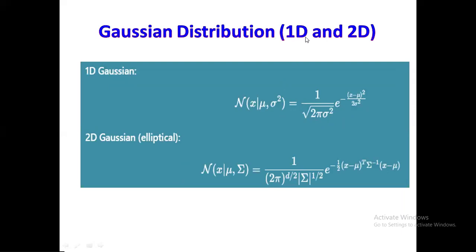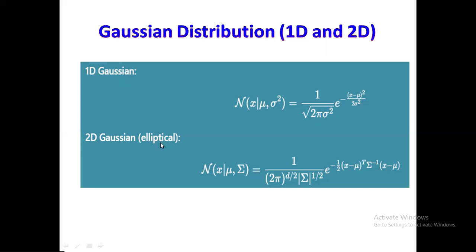Next, the Gaussian distribution is given by a formula. We can write it for 1D and also for 2D. The 1D Gaussian is written as N(x | mu, sigma squared) = 1 divided by root of 2 pi sigma squared, times e to the power of minus (x minus mu) squared divided by 2 sigma squared. This formula we should remember for solving problems.